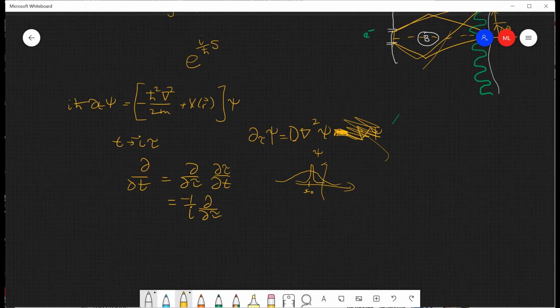So the Schrodinger equation, via this transformation to imaginary time, is related to a diffusion equation, which describes the random motion of a Brownian particle or a random walker.